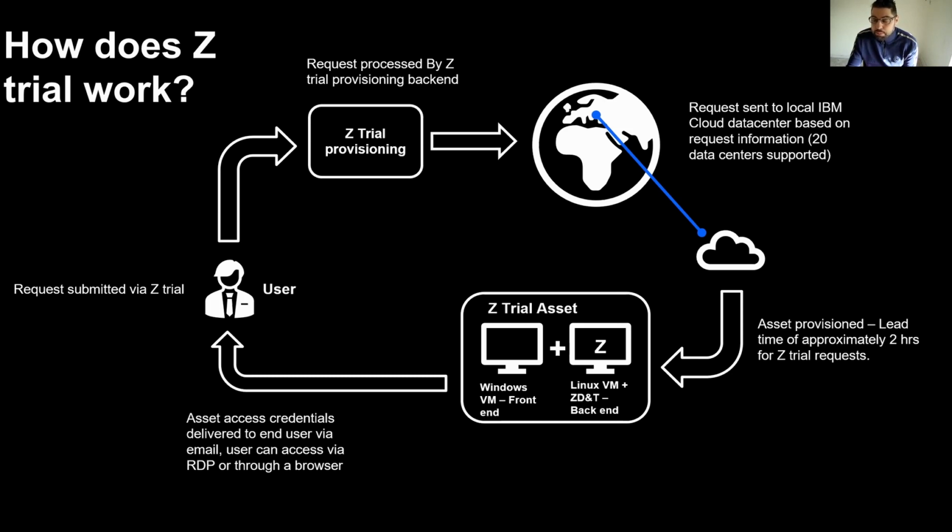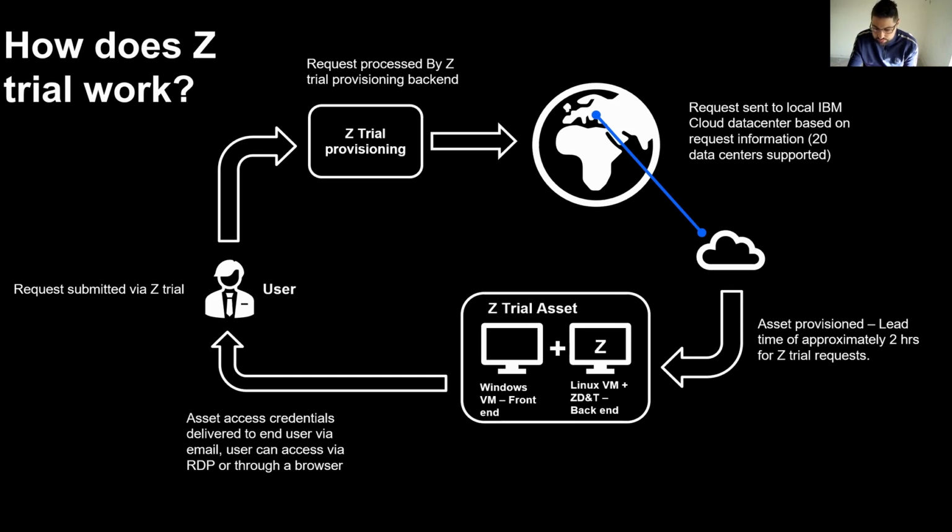And within that, most of the Z trials are built on this infrastructure at the bottom. That is, we have a virtual Windows machine on the front end, and that is configured with all of the software that you need to interact with the ZOS system. So most of them will have both ZOS Explorer, but also will have things like ZOSMF, a 3270 terminal.